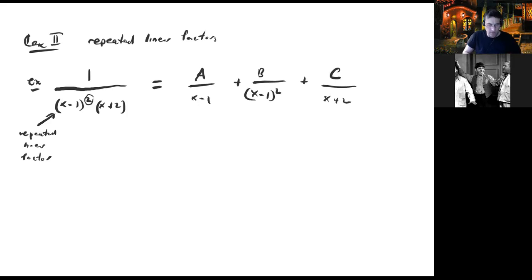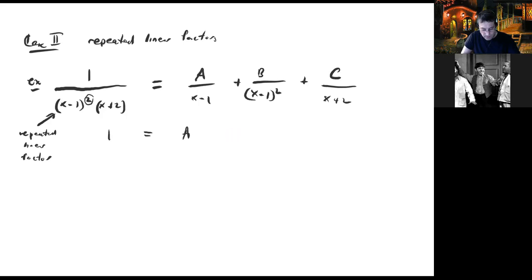So how do we do that? We multiply both sides by the denominator on the left side. So we'll get 1 equals, what? Oops, that's not correct what I wrote. I apologize.